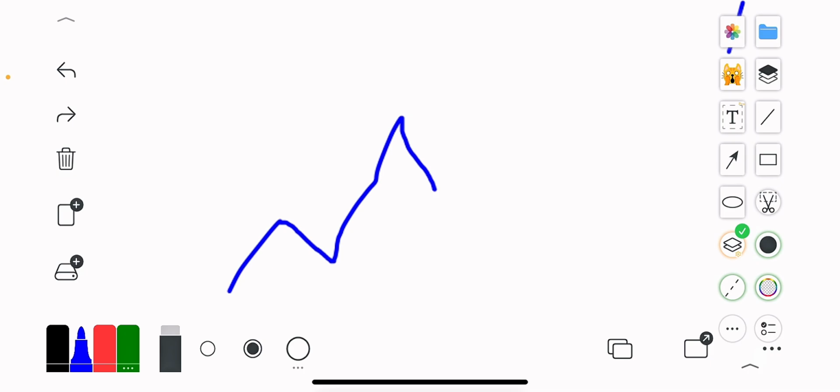Now this is how you identify support and resistance. The support is the thing that gives momentum to the market to go up. Then the resistance is what gives the momentum to the market to fall back down.